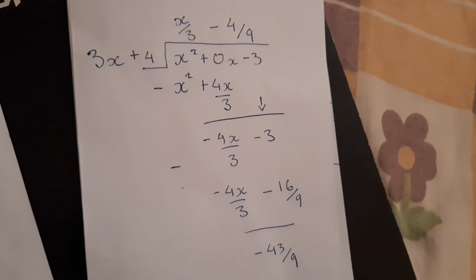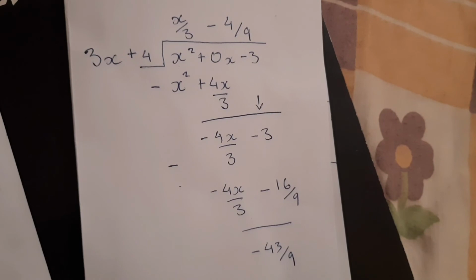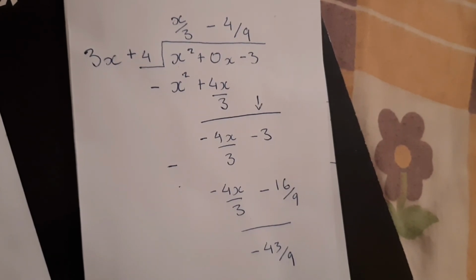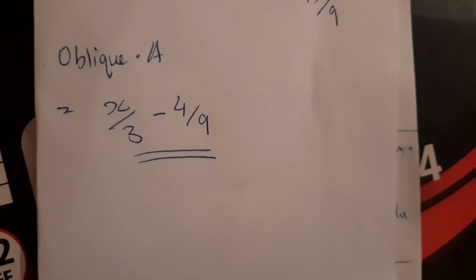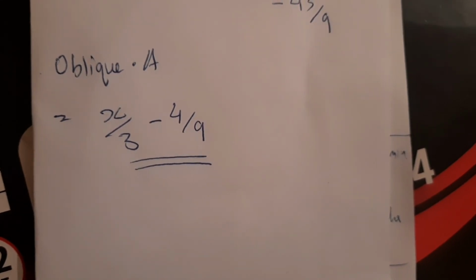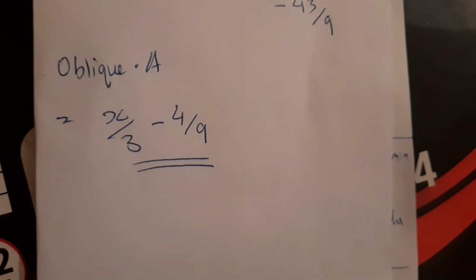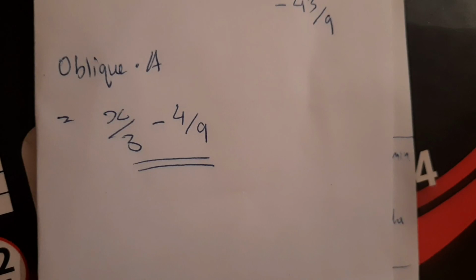It will have a lot of fractions, but don't get intimidated by the fractions. Whatever remainder you get, remember the remainders are insignificant when finding the asymptotes. What matters is what you get at the end of the day. So your oblique asymptote will be x over 3 minus 4 over 9. And that's it. It's not as difficult as it may seem.